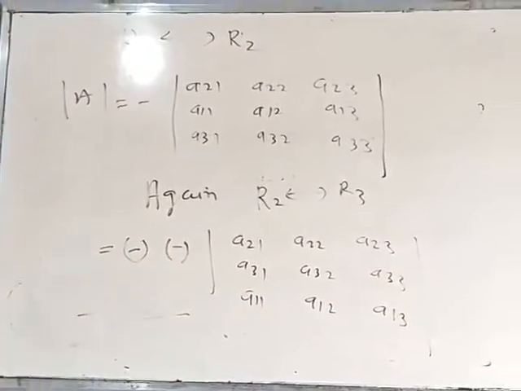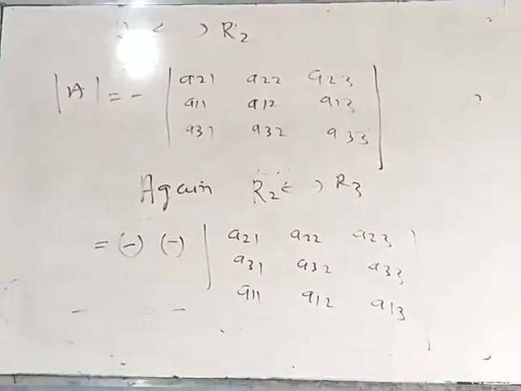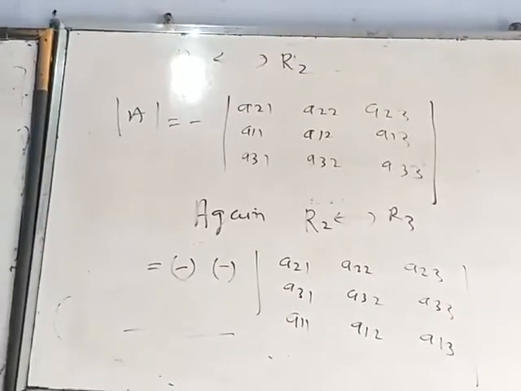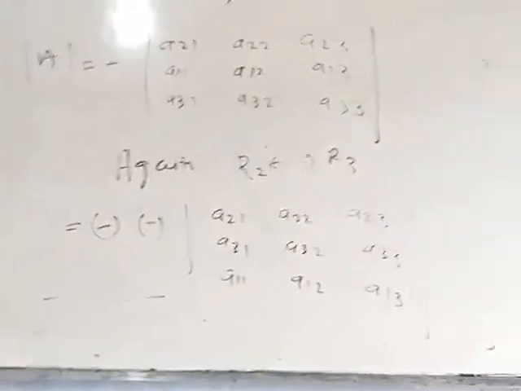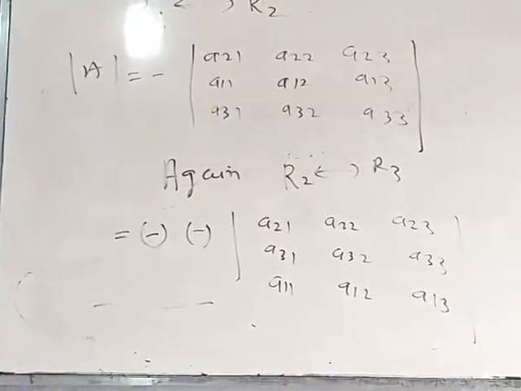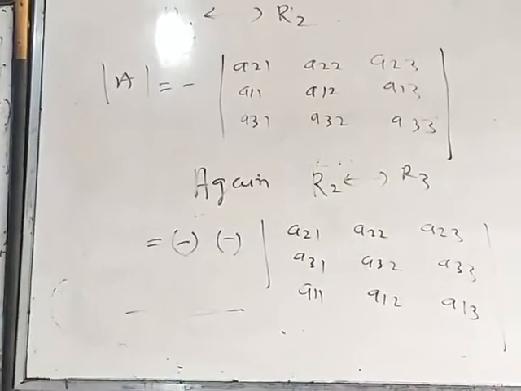Again we put a second negative sign before the determinant. So this is the second property of determinants. It will be helpful in solving determinant problems.